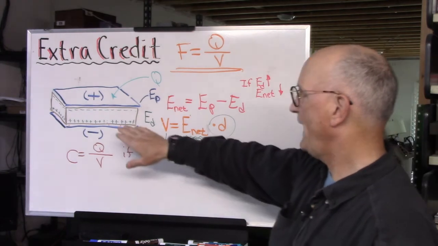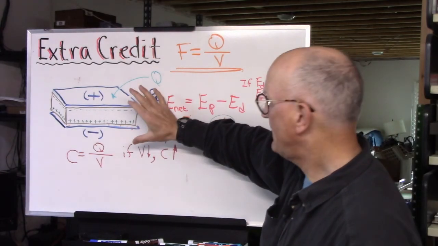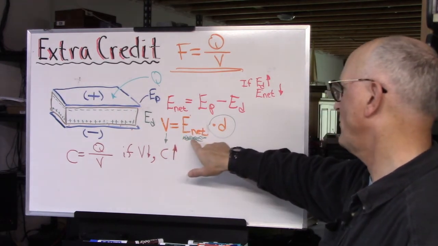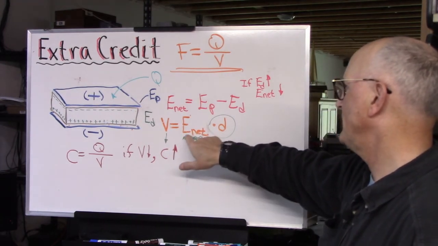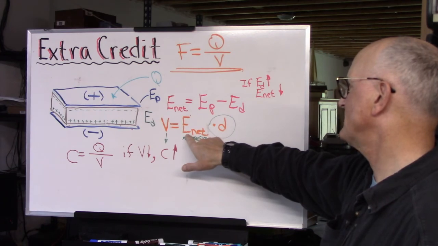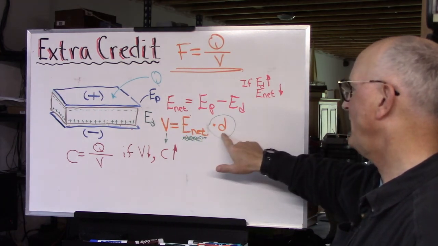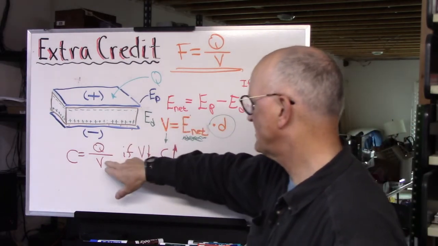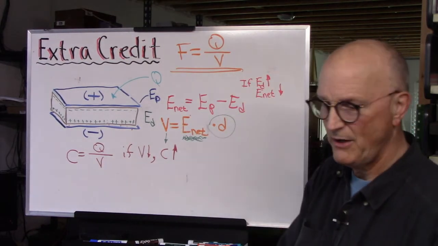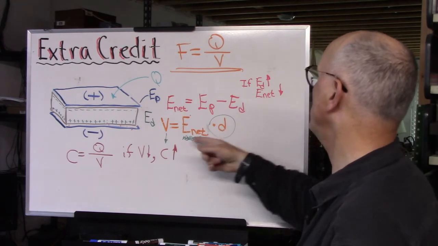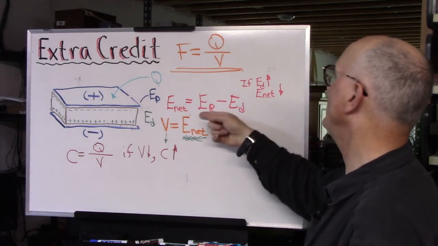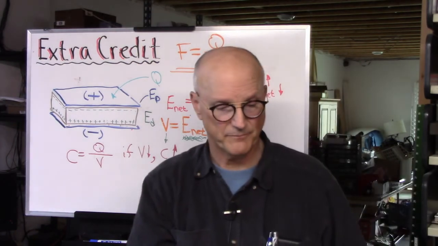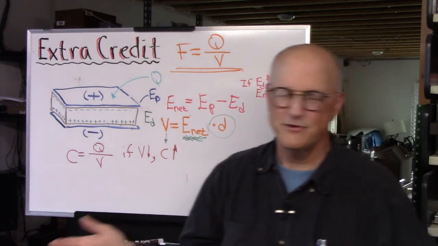So we can do that by decreasing this distance between the plates, because voltage is equal to this, which does not change with distance, but this times distance, the voltage level goes down, the potential goes down, capacitance goes up. We can also do this by changing the net electric field by adding a dielectric with a higher dielectric constant. Now, are you confused yet?